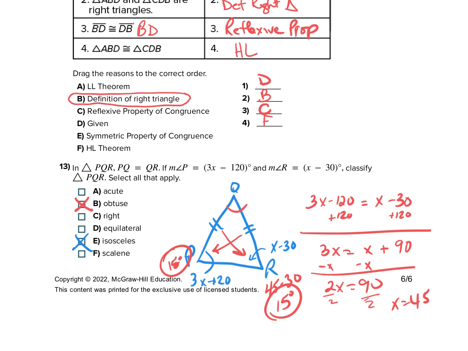So when categorizing this triangle, it's isosceles, but it is also obtuse. To have an acute triangle, you would have three angles that were all less than 90 degrees. But here you have two acute angles and one obtuse angle. So the obtuse angle trumps the acute angle.